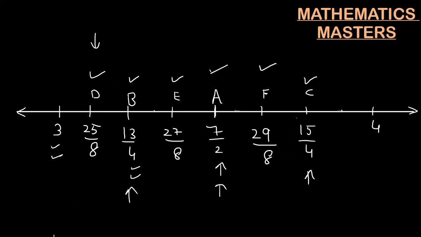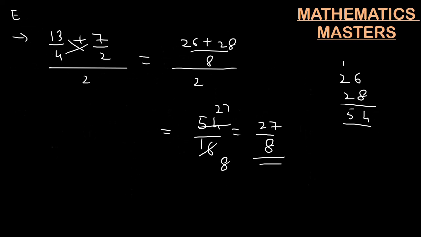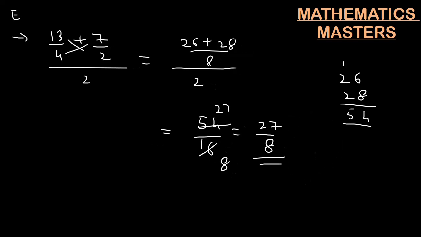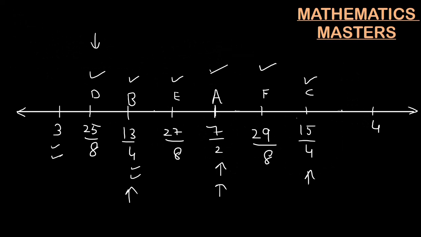In fact, you can see over here that this is 25 upon 8, and then this would be 26 upon 8, then this is 27 upon 8, then this would be 28 upon 8, 29 upon 8, then 30 upon 8 should be the one. Yes, we can think of it as 30 upon 8 also. Okay, 15 times 2 is 30, 4 times 2 is 8.